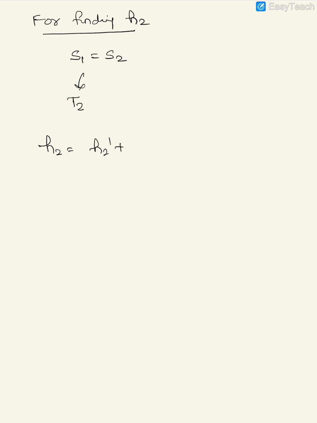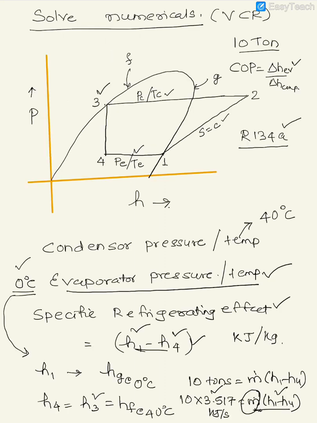For finding H2, we need to equate the entropies at 1 and 2, and from that you get the temperature T2. Once you get the temperature T2, you can find H2 as H2 dash plus Cp times T2 minus T2 dash. Here 2 dash is over here.